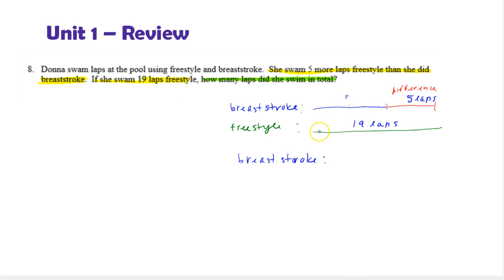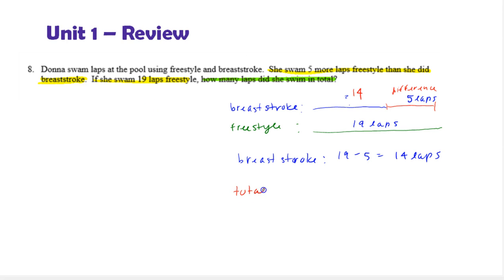Well, that would be the 19 laps freestyle minus the difference of 5 laps would give us how much she swam breaststroke, which is, oops, I put 1 there. 19 minus 5, so that's 14 laps breaststroke. So we'll fill that in. So this is 14.